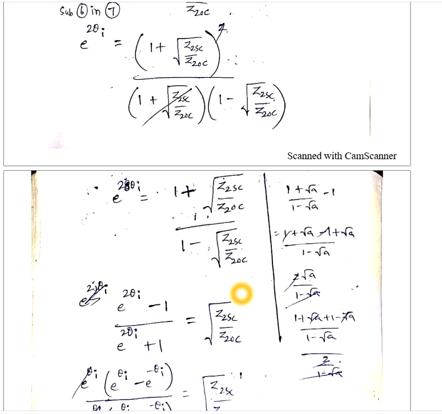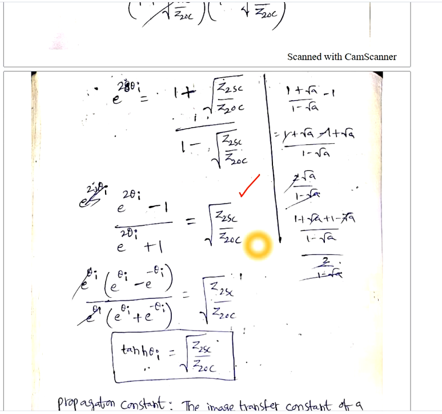So then that will be equal to square root of Z2SC by Z2OC. Okay, now if I further simplify this, in the end I will be getting tanh theta is equal to square root of ZSC2 by ZOC2. So this is the final equation.